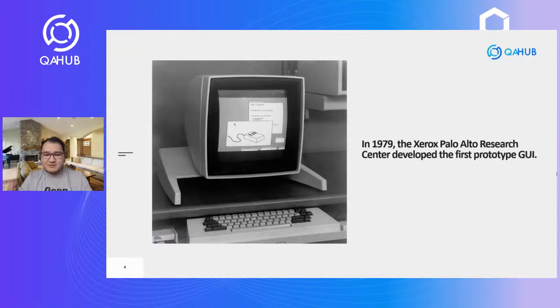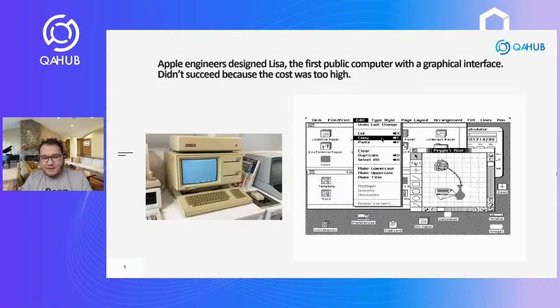He was really impressed. It was a really interesting idea for his company, Apple, and he asked his engineers to create a computer. His engineers at Apple created a computer named Lisa, and he wanted to make it public, but unfortunately it didn't succeed because the price was high. On the left side, you can see the computer Lisa. On the right side, you can see the interface of computer Lisa.